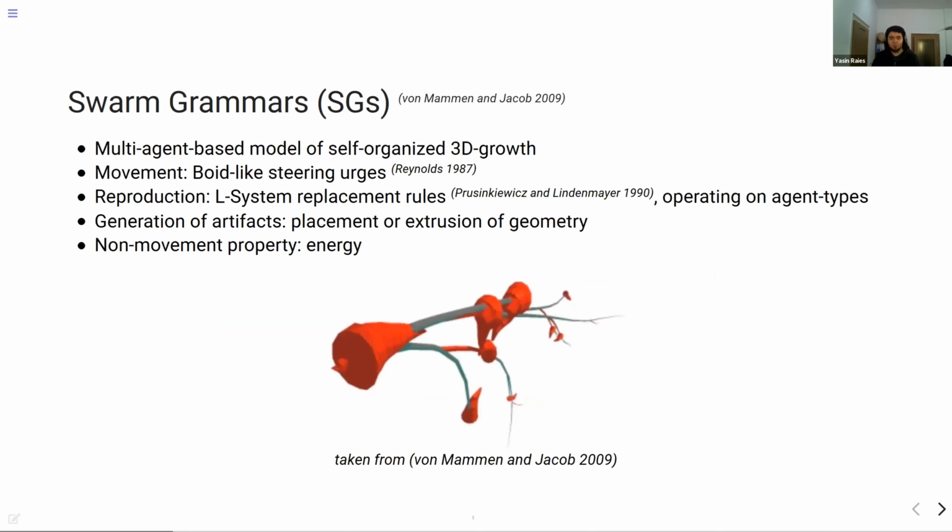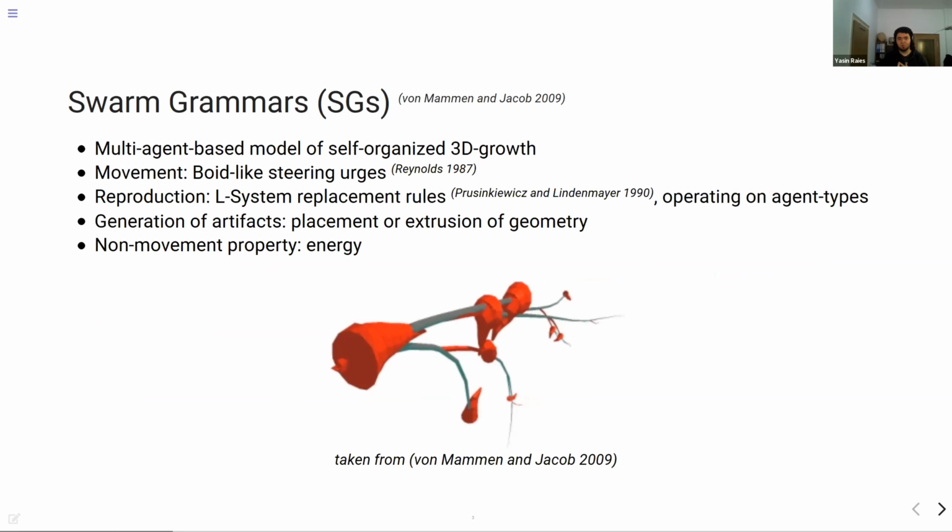To do this, we built upon prior work of Sebastian, my co-author, called swarm grammars, which are, and that's a mouthful, a multi-agent based model of self-organized three-dimensional growth. Essentially, we have swarm agents of different types or species in our virtual environment, which firstly have a movement component.